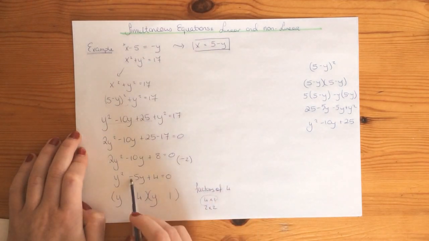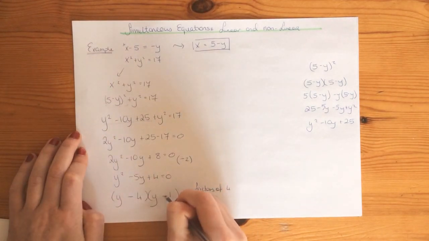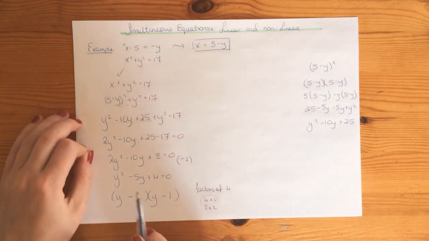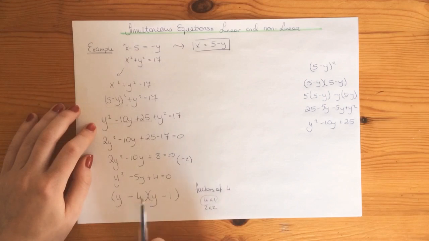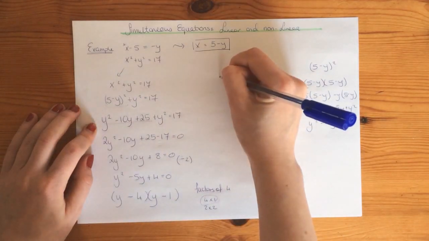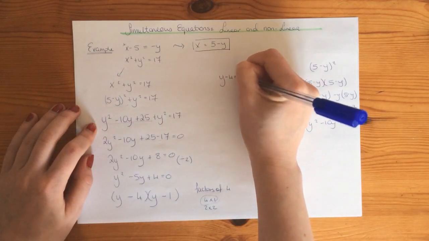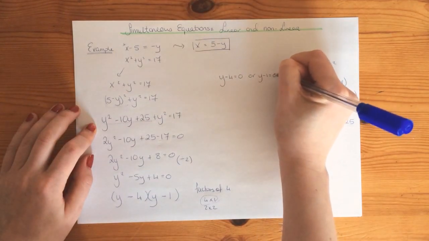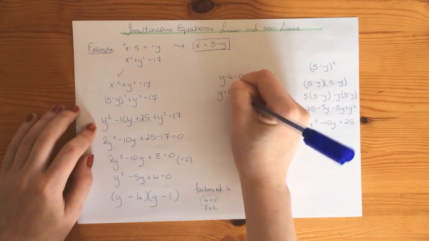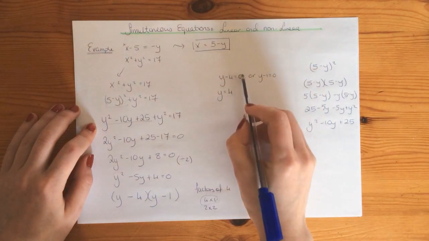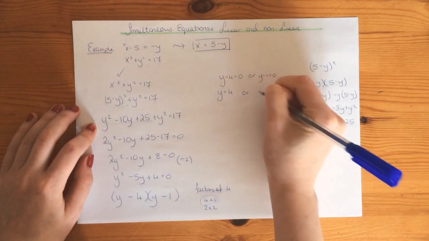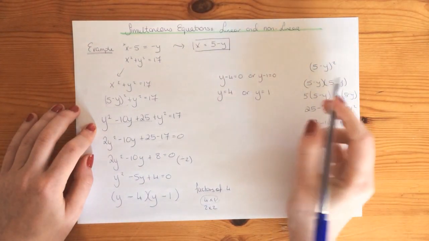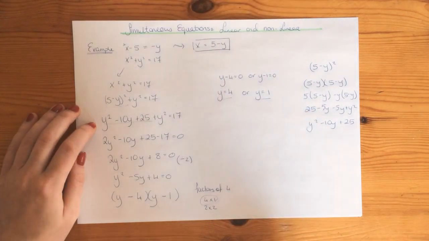Now it's a minus 5, so I'm going to put minus 4 and minus 1. Just like we always did at Junior Cert, you say y minus 4 can be 0 or y minus 1 can be 0. So y can be positive 4, bring that minus 4 over, or y can be positive 1, bring that minus 1 over. There are my two values of y.